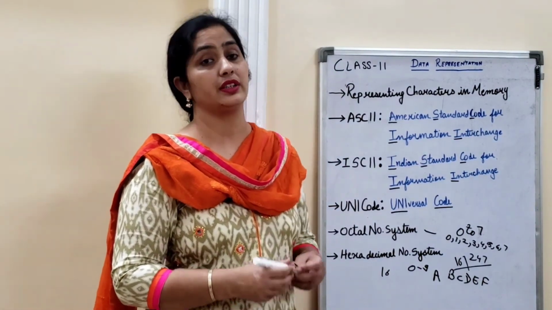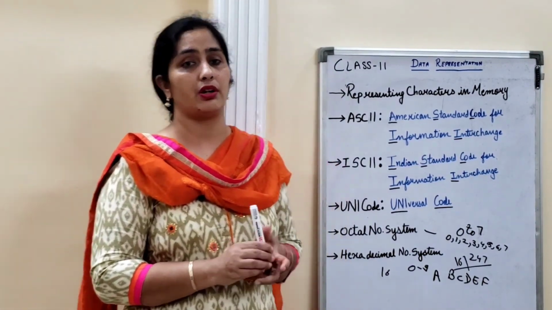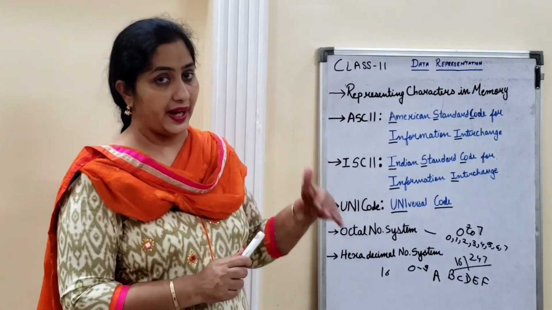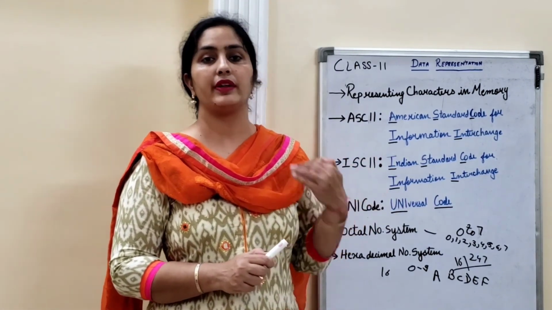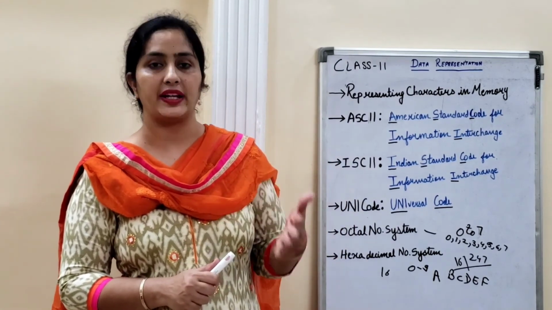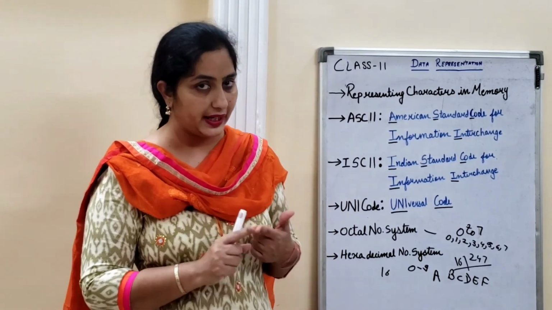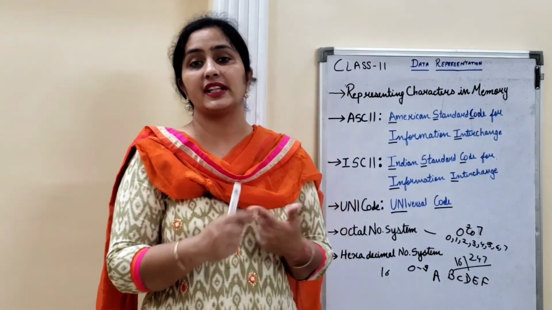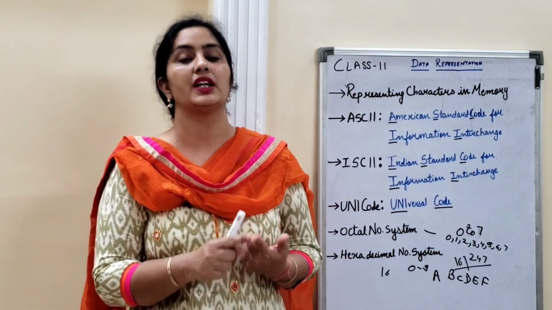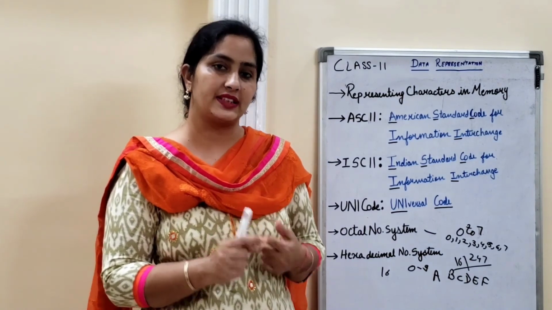The same method, the way you did your decimal numbers into binary, similarly if you want to have your octal number represented in the form of binary number, just divide it by 8. If you want to represent your hexadecimal numbers into binary numbers, then you have to divide it by 16.